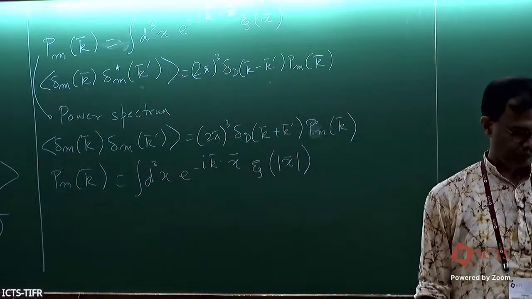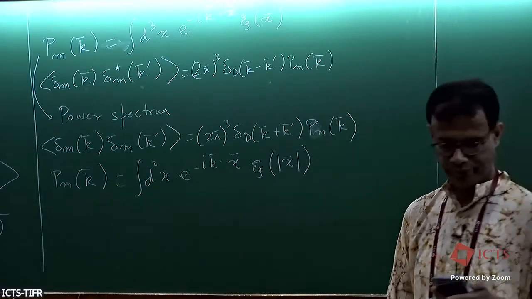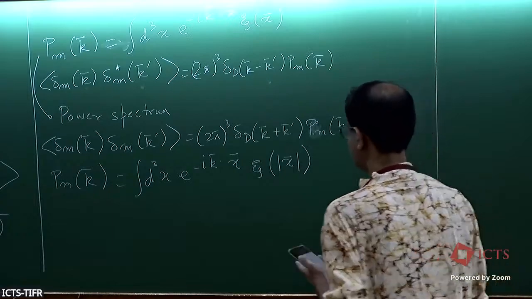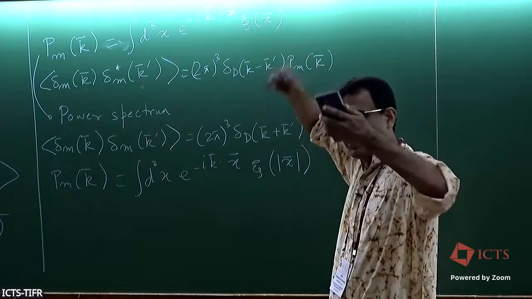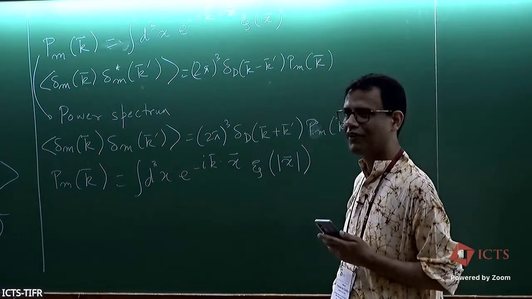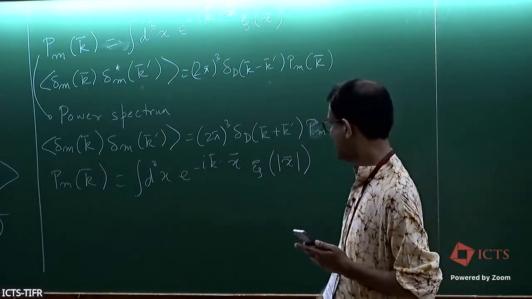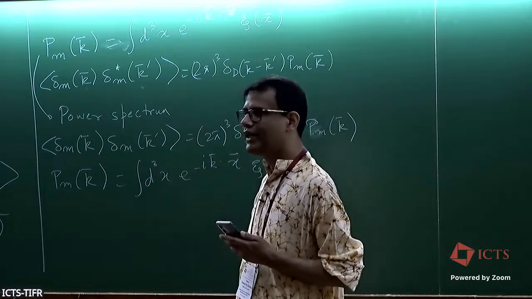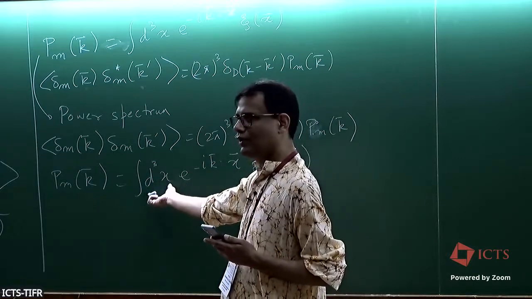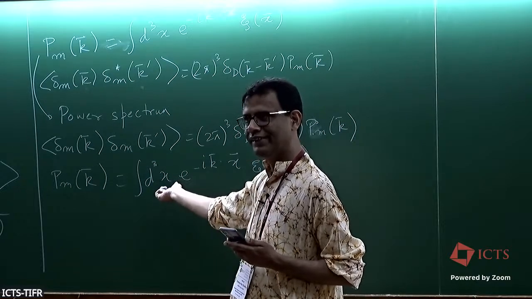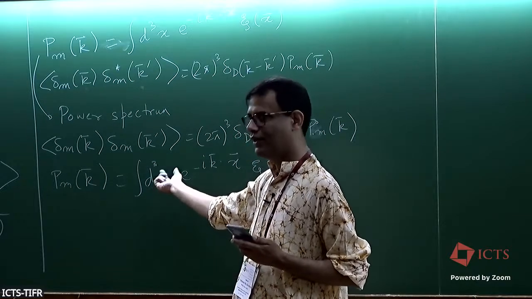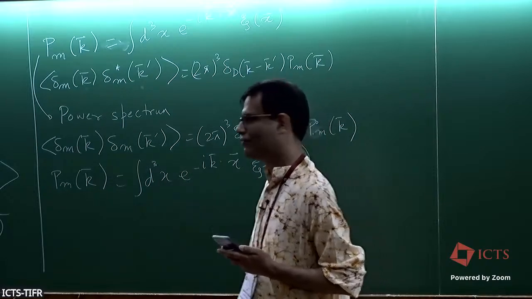So this is a function of r, or whatever you call the mod of x. Then you can break this d cube x into x squared dx times d omega, that is the solid angle, your sine theta d theta d phi.